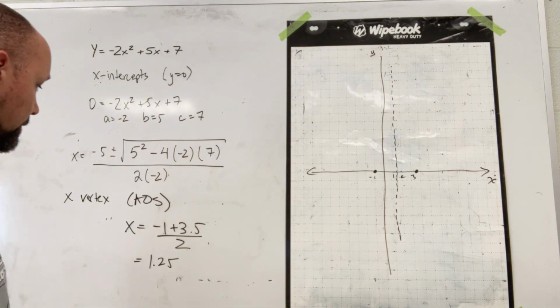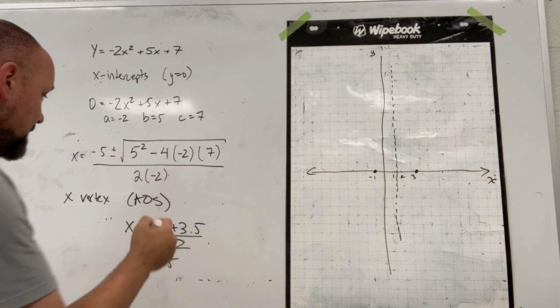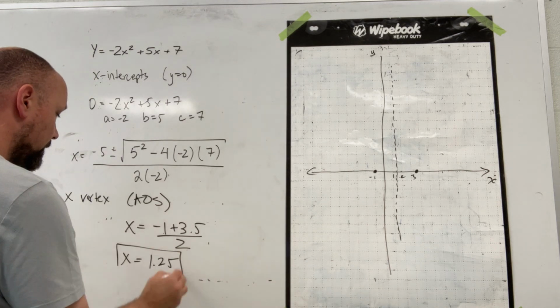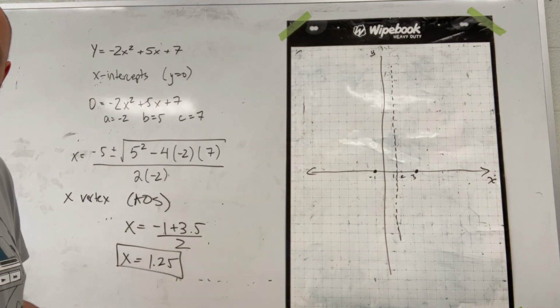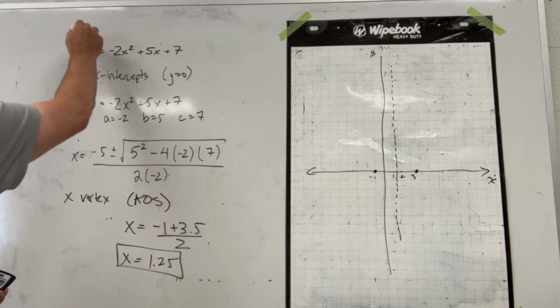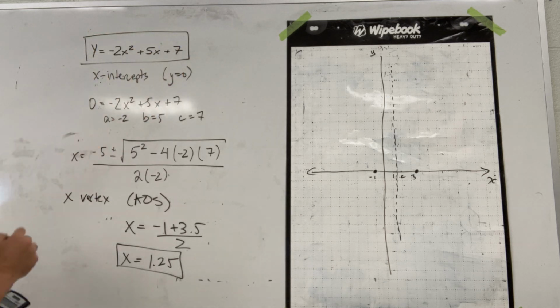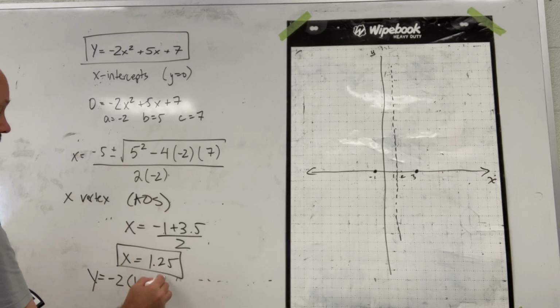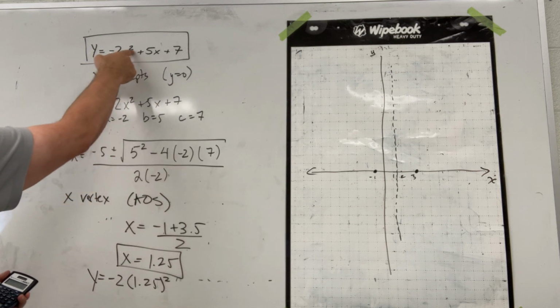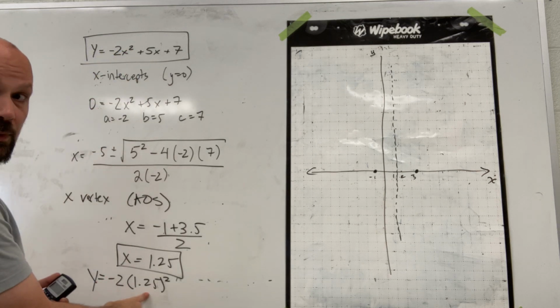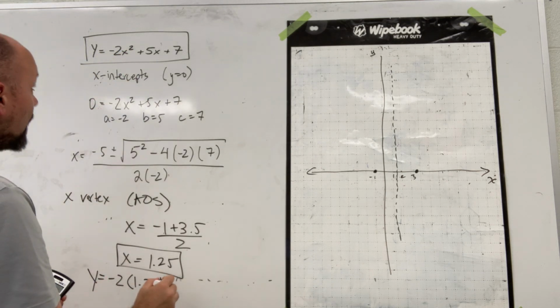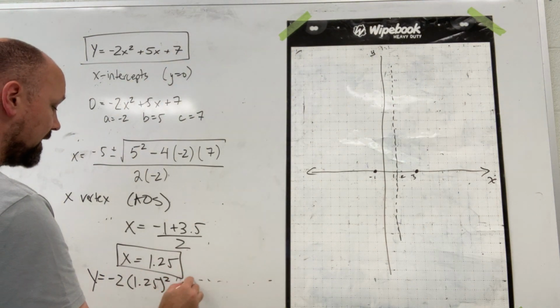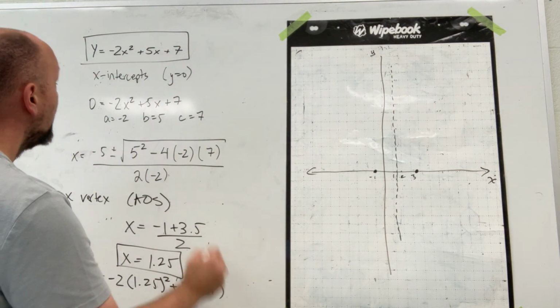Now my question is, if this is the x value, what's the y value? Well, remember I have this equation here, and so the y value is going to be whatever I get when I plug this in. So -2 times 1.25 squared, plus 5 times 1.25, plus 7.